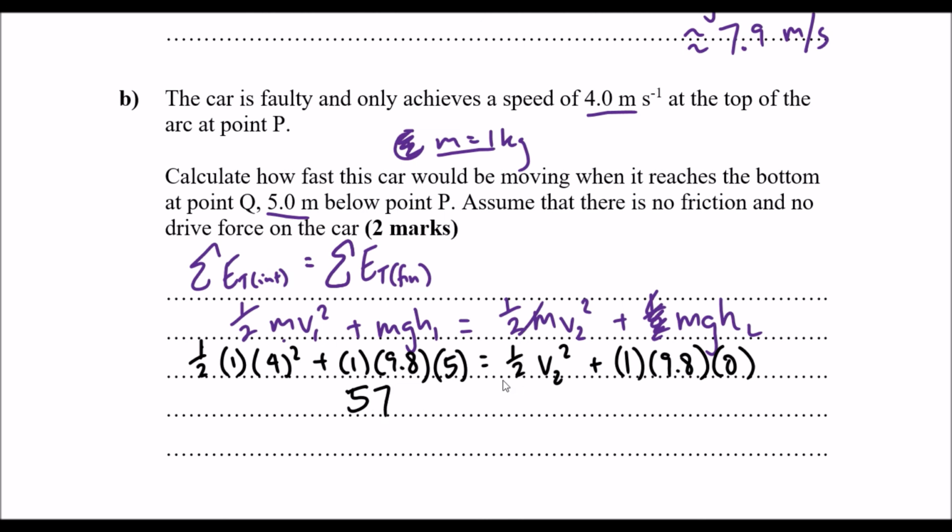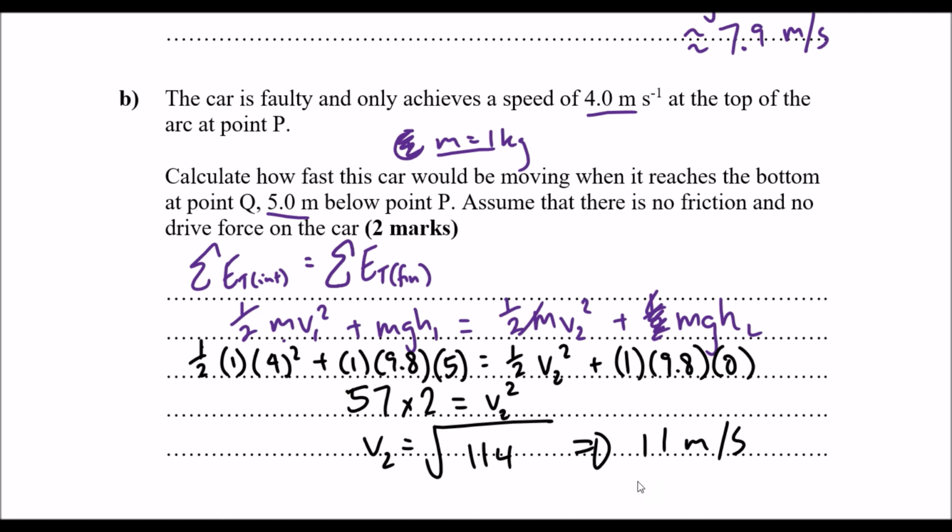Now I want to move this half over, so I'm going to times this side by 2 and also this side, so it's going to be 2 times v squared. So v2 is the square root of that value there, which is 114, which leads us to approximately, again to 2 sig figs, about 11 meters per second at the end.